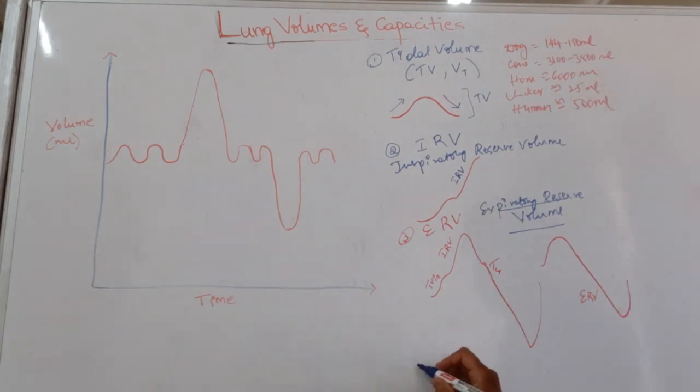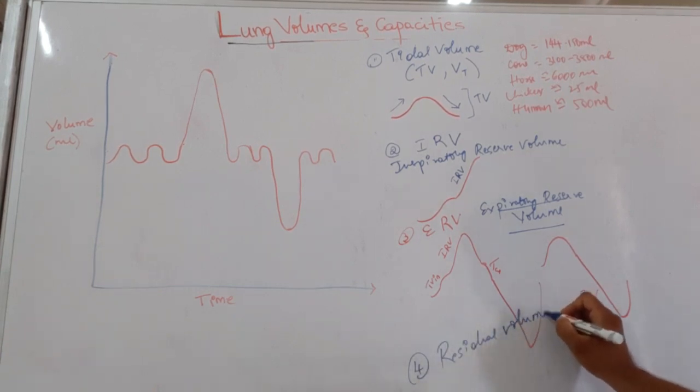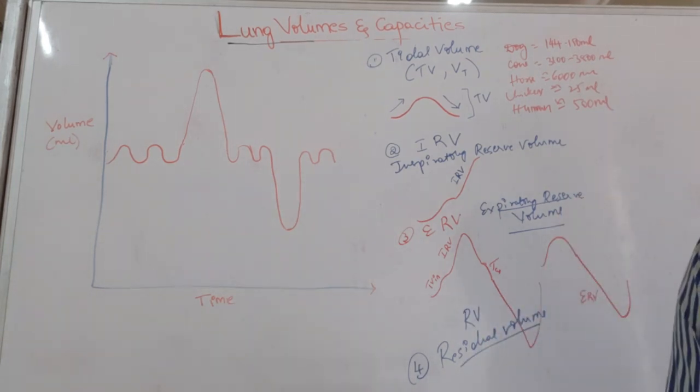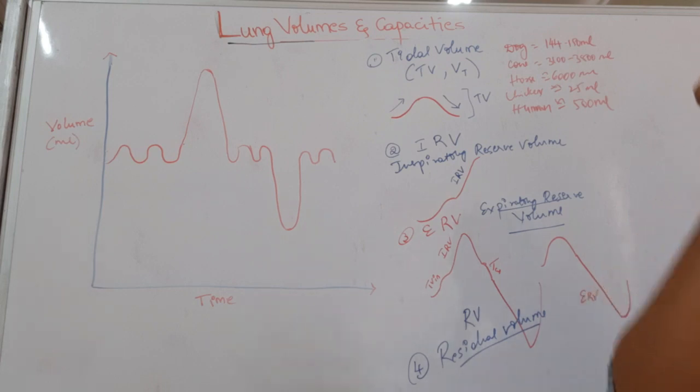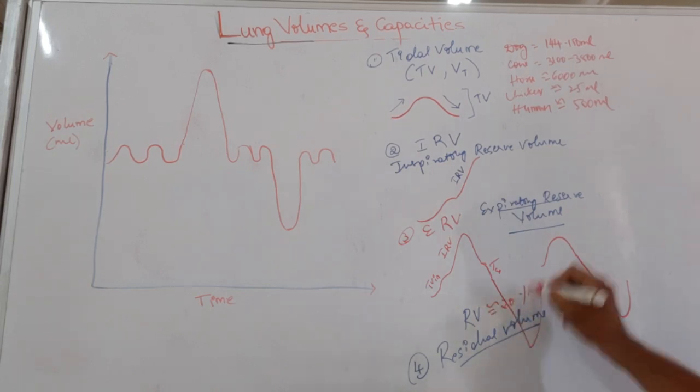The fourth important one is the residual volume, RV. The residual volume refers to the amount of air that is still present even after forceful expiration. It constitutes about 20%.